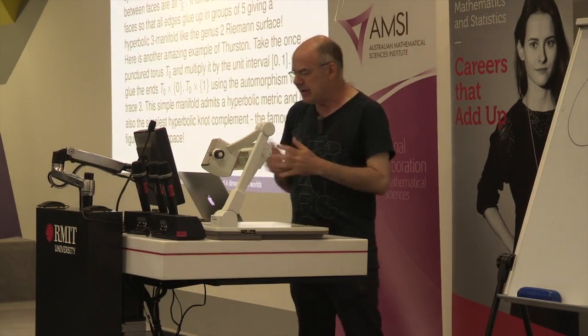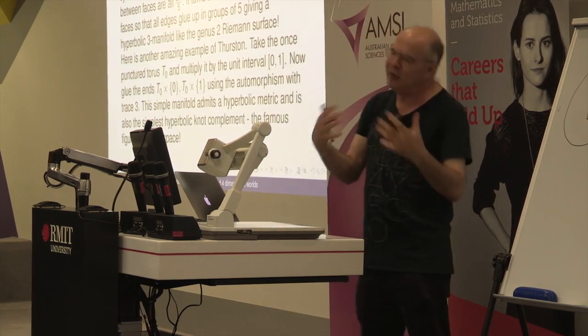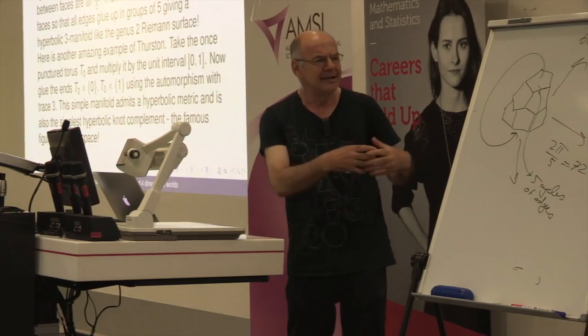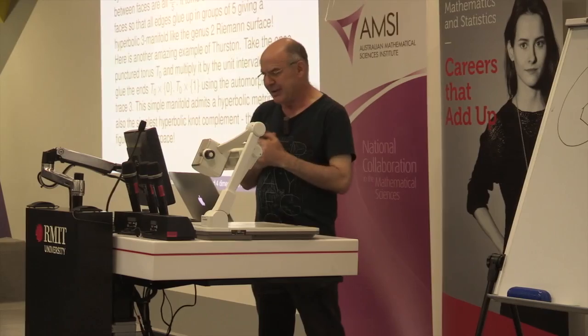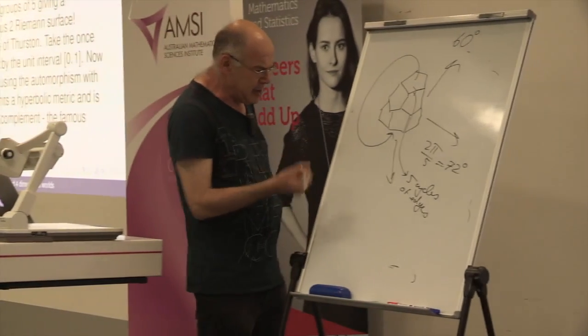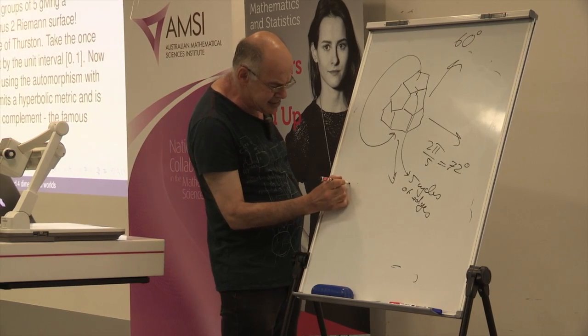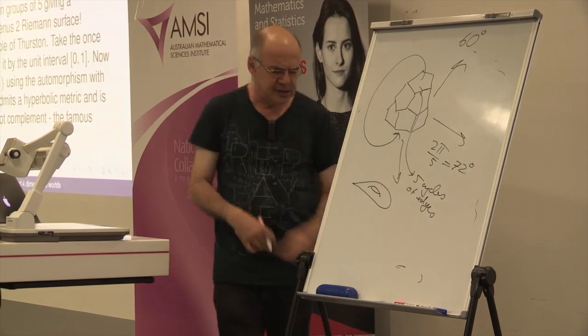So here's another example, and then in my last 5 minutes I'm going to give you sort of the punchline, which is that all answers have been solved in the last decade, which is really quite incredible. Okay, so here's another amazing example of Thurston, which relates back to the torus example.